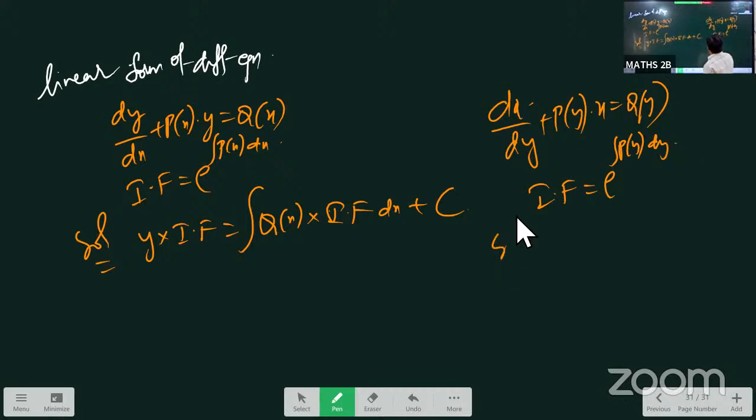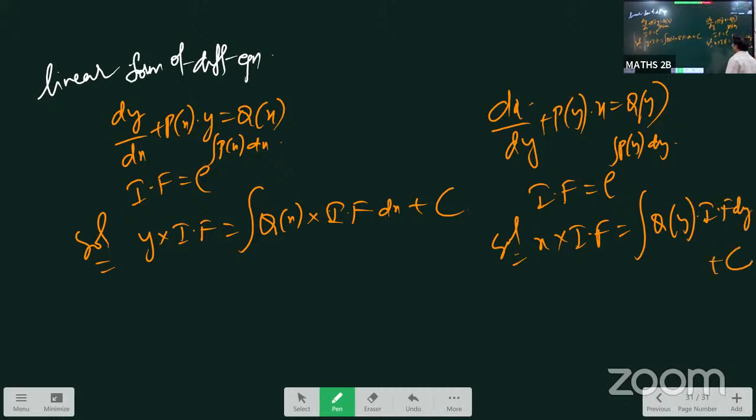Then the solution will be x into integrating factor equals integral of q of y into integrating factor dy plus c. So these are the two methods in linear form. Is it clear? Okay. So this linear form, tomorrow we'll do 4 marks, and homogeneous I already taught.